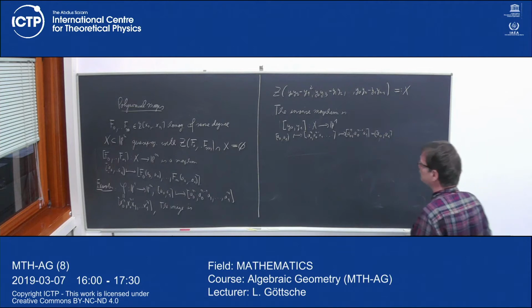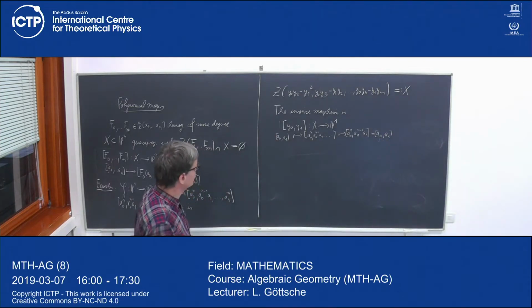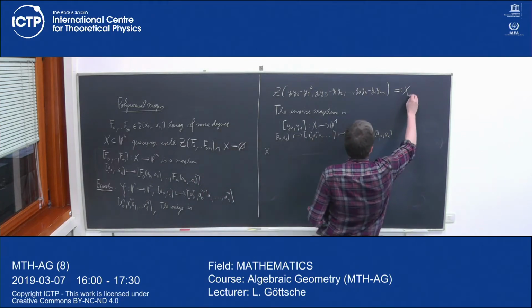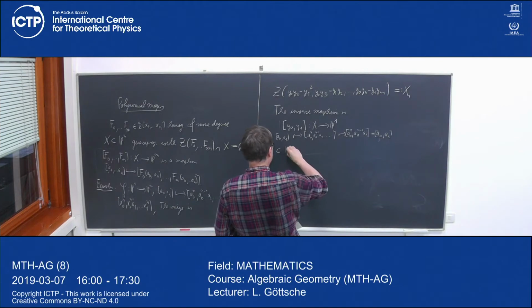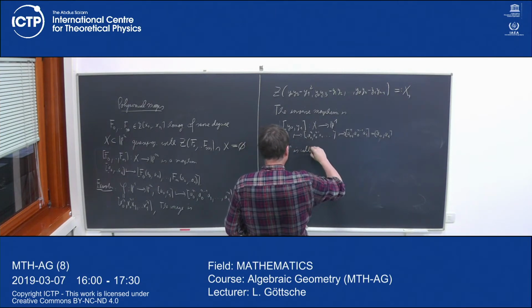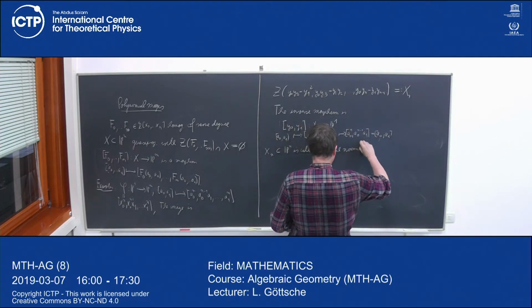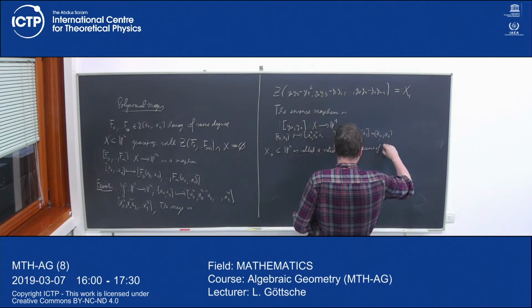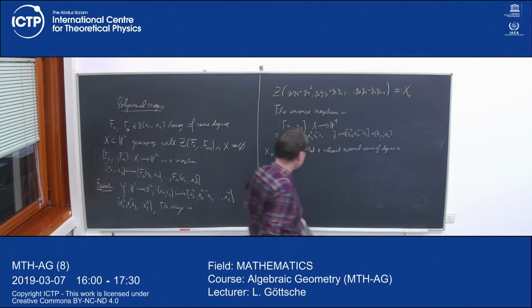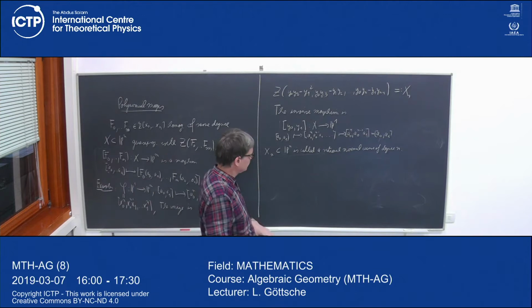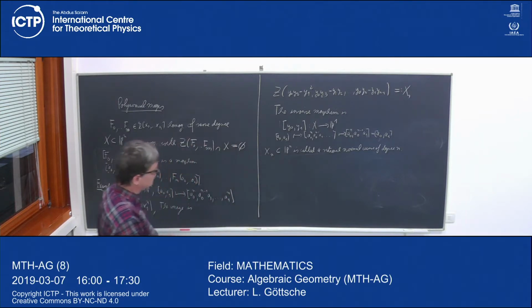It's just an example, but this thing, which we call X_n, is called a rational normal curve. It's a nice example of a curve. It actually is some kind of extreme example of something, but I cannot really explain that later.